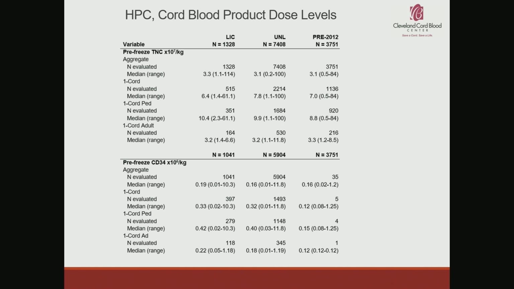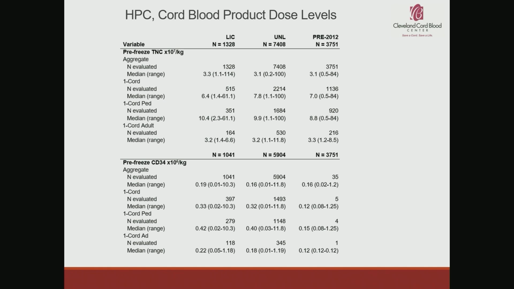With respect to product dose levels, on the top you can see TNC, and on the bottom there's CD34. I just want to highlight that this is for single cord. If you look at pediatrics and adults, what you can see is that there are dose levels, but there's also spread in the data.